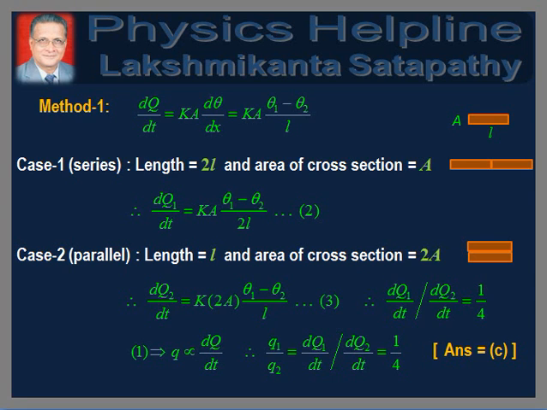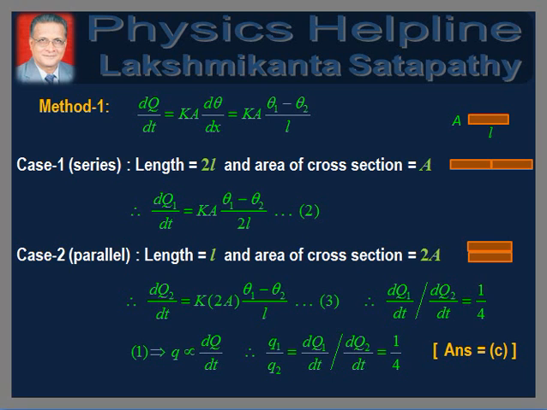And when they are connected in parallel, area of cross section becomes 2A, but L and K remain unchanged. Therefore, rate of heat flow in this case is dQ2 divided by dt is equal to K into 2A into theta 1 minus theta 2 divided by L. Dividing, we get dQ1 by dt divided by dQ2 by dt is equal to 1 by 4.